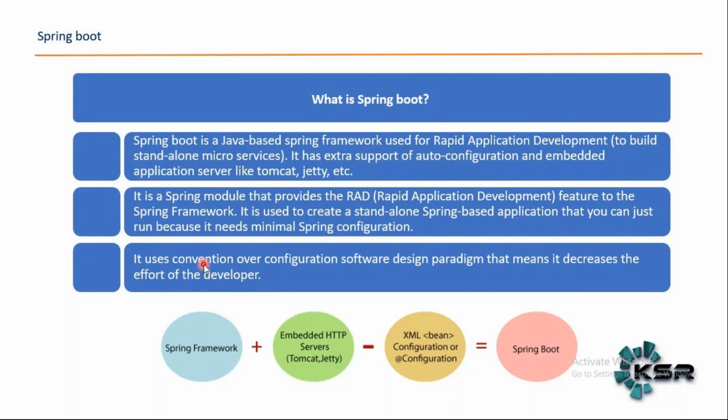And then it removes our manual configuration. I don't need to write bean configuration, bean instantiation, bean binding, everything we can remove. So everything together gives Spring Boot. That is the main advantage.